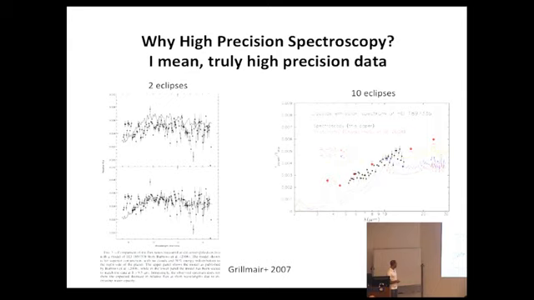This is a slightly different instrument setup, but the real key difference is the difference in the amount of data you have here. The papers are separated by just a year, and these spectra are very different, right? In neither of the spectra obtained based on two eclipses do you see this downturn that's clearly expected from the models at 8 micron, but it only shows up once you obtain a lot of data.